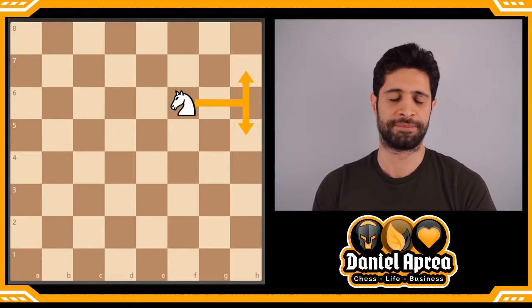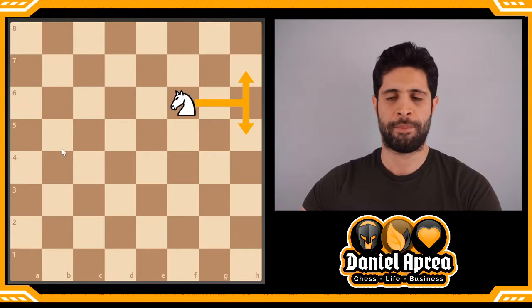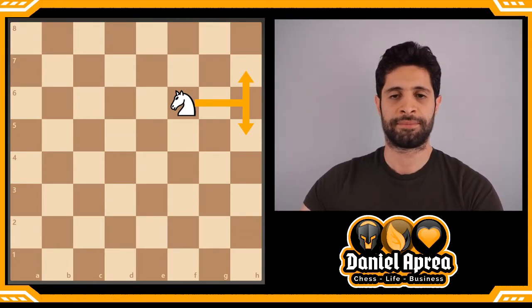So if I'm going to the right, what was the starting square? F6. F is a light square, so F6 is a light square as well.